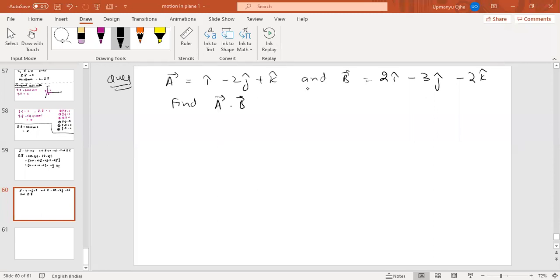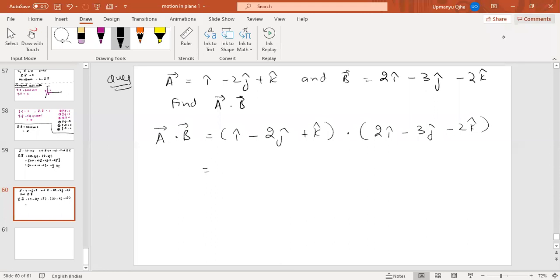So A vector dot B vector. Write down first A vector, that is i cap minus 2j cap plus k cap, dot 2i cap minus 3j cap minus 2k cap. For the dot product, we have to multiply i with i.